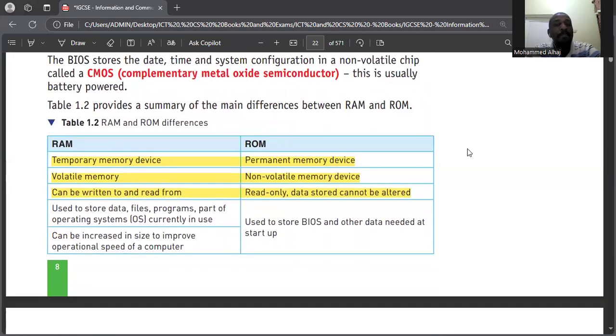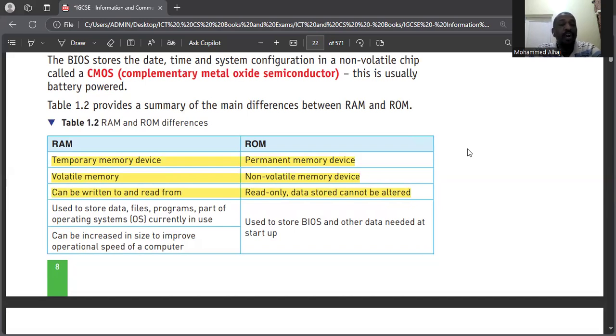Here are some differences between RAM and ROM. First, RAM, as we said, is a temporary memory device, whereas ROM is a permanent memory device. Temporary means it saves the data during the running time of the system, whereas permanent memory saves data for a very long time.